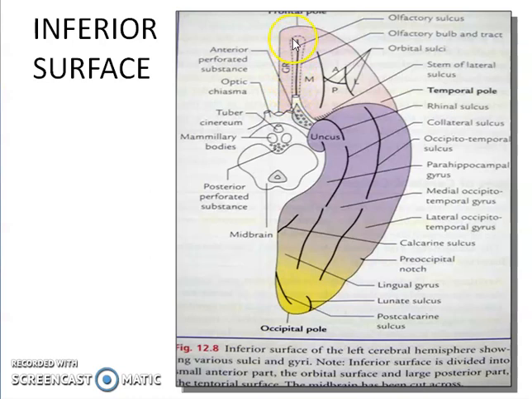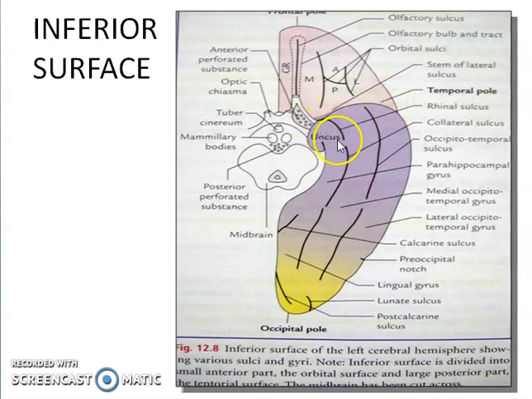That's why the name was given. The orbital sulcus is H-shaped and divides this orbital surface into the anterior area, posterior area, medial area and lateral area. Whereas the tentorial surface is marked by two important sulci, the medial one called the collateral sulcus and the lateral one called the occipitotemporal sulcus.